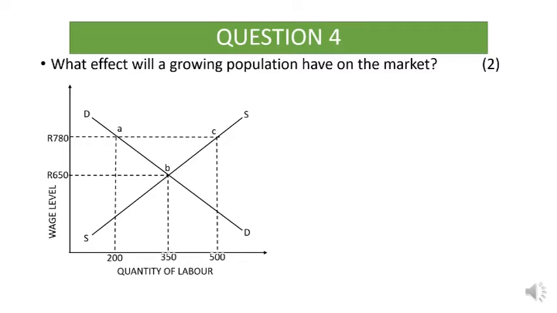Question 4. What effect will a growing population have on the market? Okay, we have our graph here. When there is an increase in population, what it means is more people are going to be looking for the job. So we might end up having, probably just guessing, maybe this is now 700 people looking for the jobs. 700 people join the labor market.